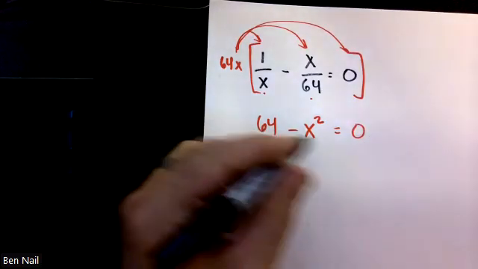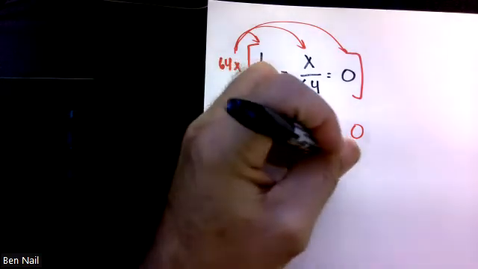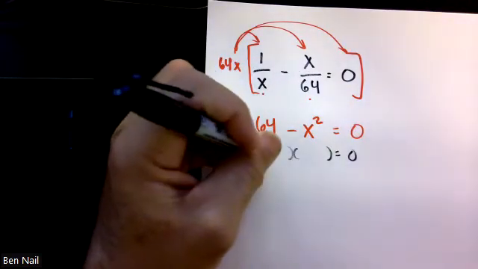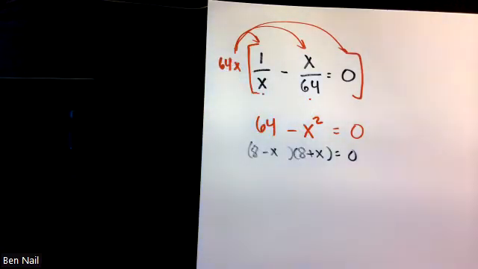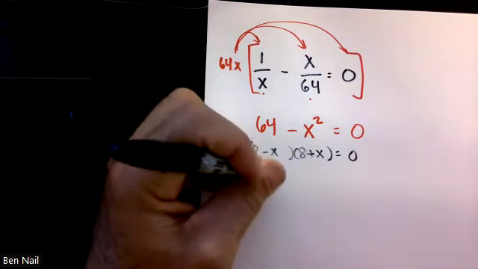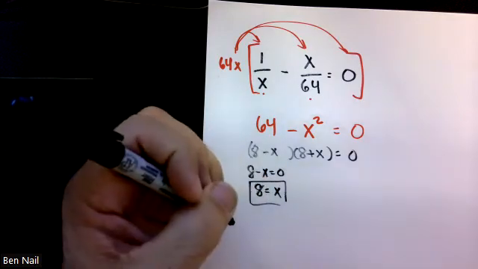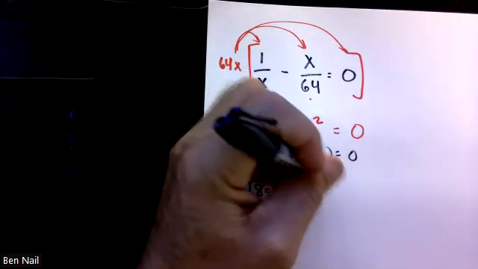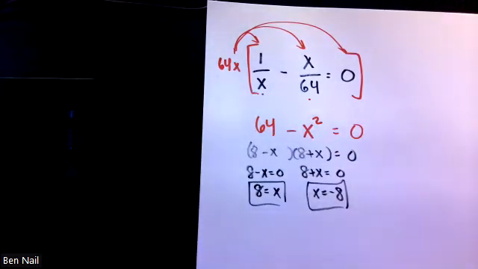Okay. In this case, this one factors really nicely. 64 minus x squared factors into 8 minus x or 8 plus x. So we can set our factors equal to 0. And x could equal 8. Or x could equal -8.